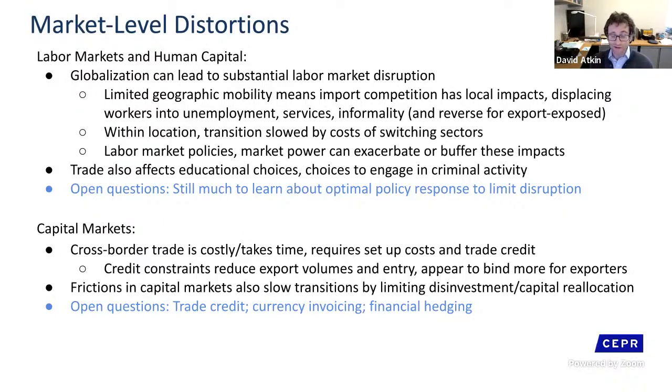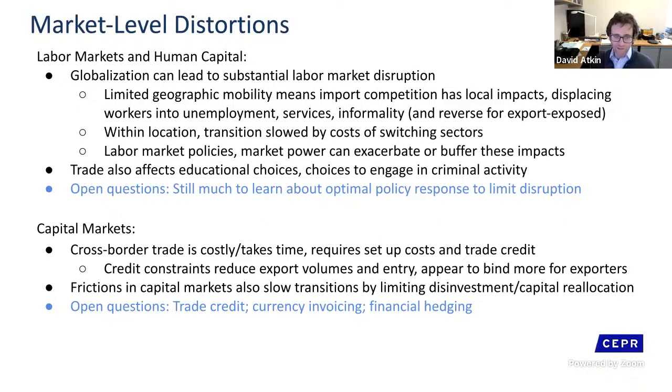And this means that any gains from trade might be much slower to be realized, and some of these transitions are coming from the high costs of moving sectors, particularly for older workers. It's not so easy to move from manufacturing to services, particularly if you already have a lot of experience, which won't necessarily translate to another industry.